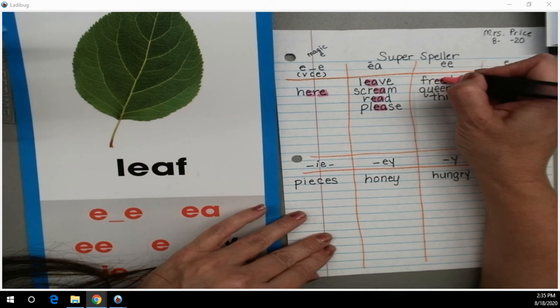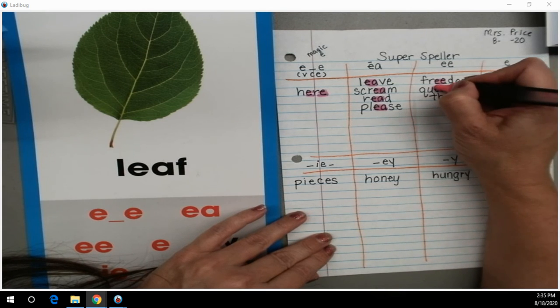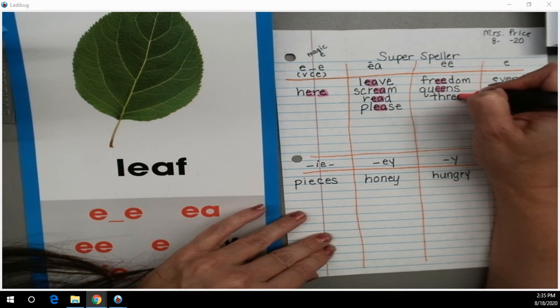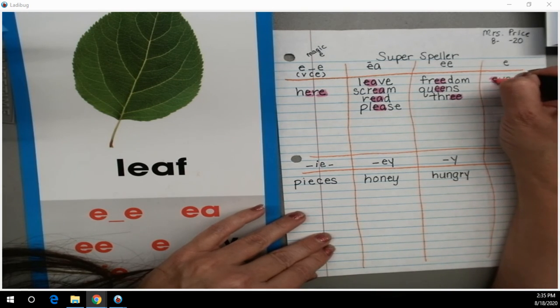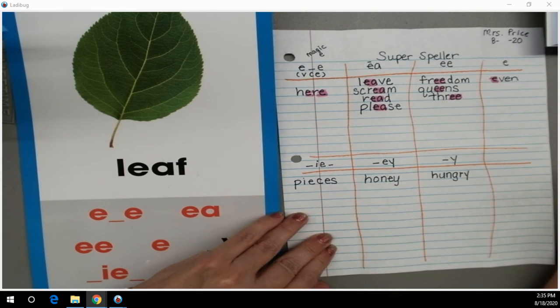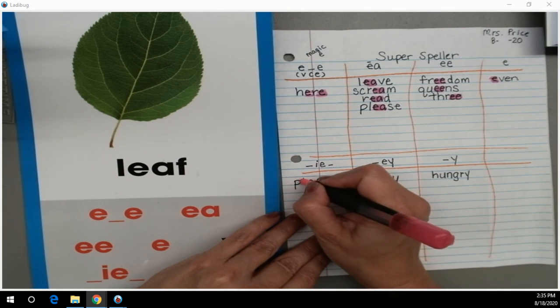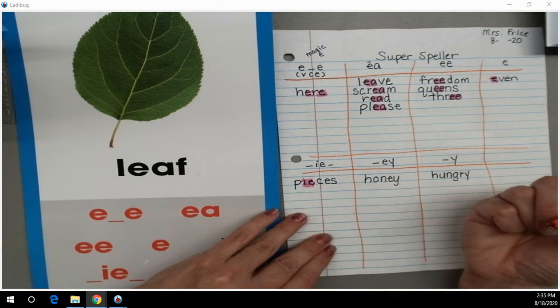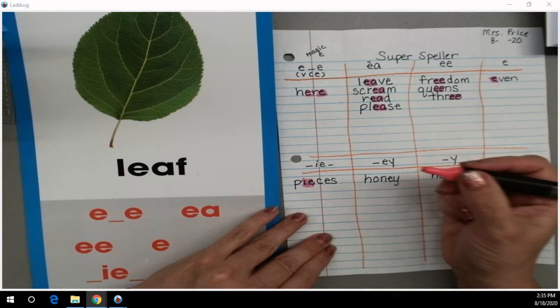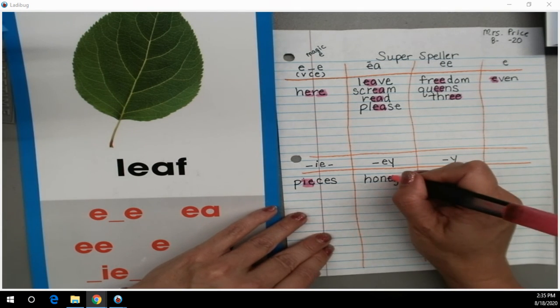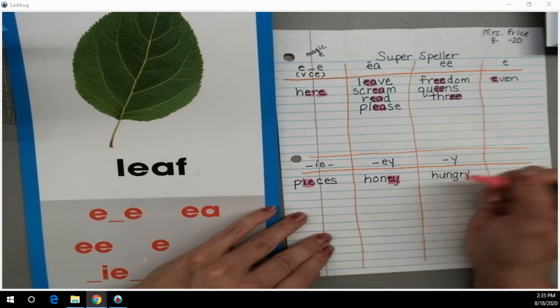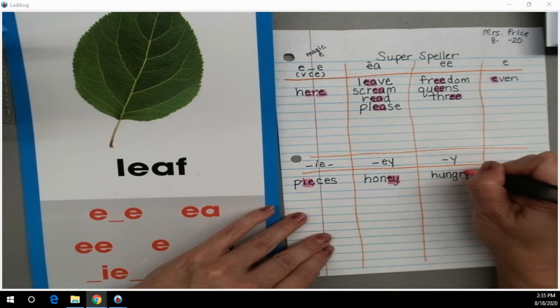Freedom, double E, queens, double E, 3, double E, even, E all by itself at the end of that open syllable. Pieces, an unusual vowel team, but it is a vowel team nonetheless. And at the end of honey, E-Y, and at the end of hungry, just a Y.